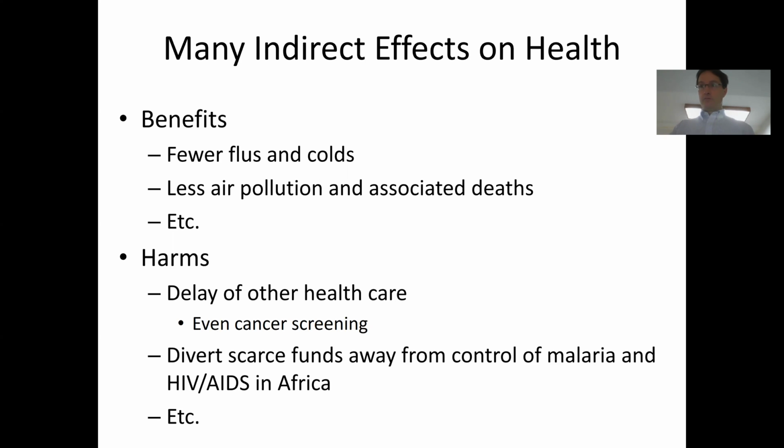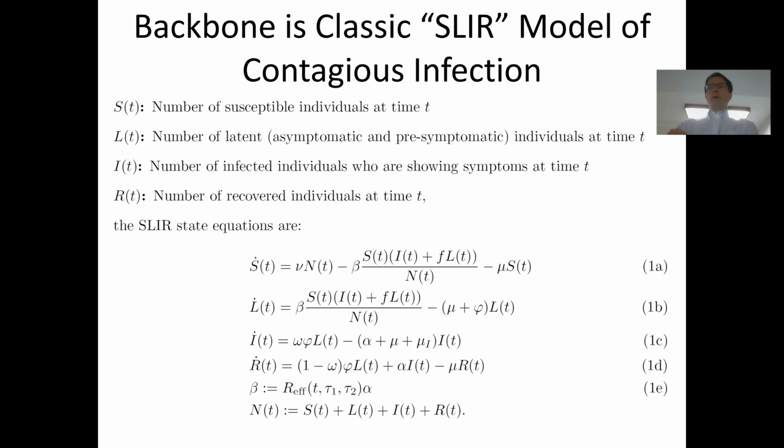The delaying of elective procedures, and particularly in sub-Saharan Africa, the diverting of attention and resources away from other valuable health programs like control of malaria and HIV mean that even if you don't want to think about a health economics trade-off, there is a health trade-off that's worth exploring.